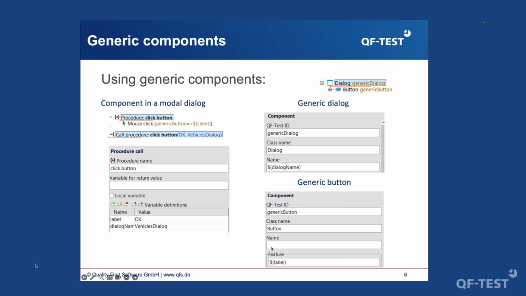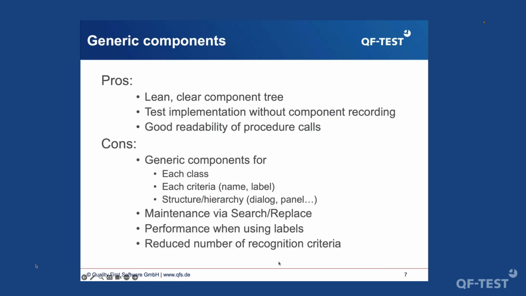If you want to rely on the name, you would either create another one or create one generic procedure with two generic components with both parameters. So it's a bit more effort, and you need to create this for each and every criteria and each and every class. Also, the one with structure and hierarchy, like dialog and panel, I just explained.